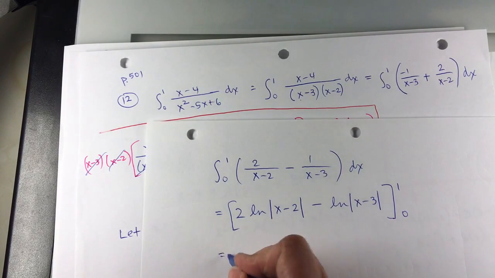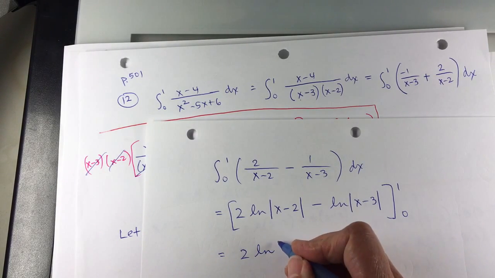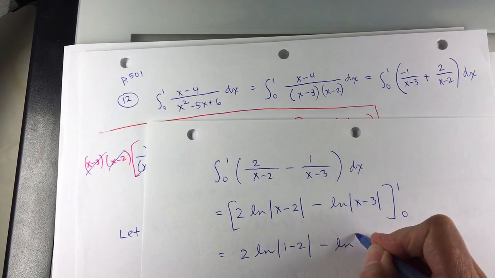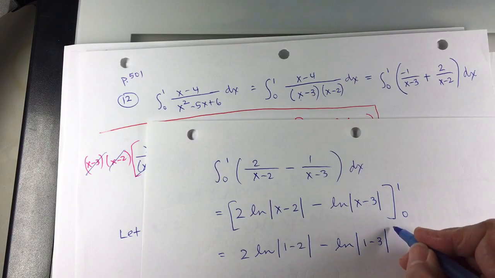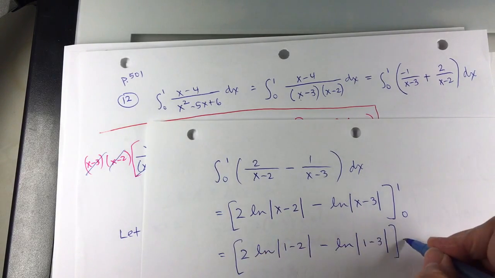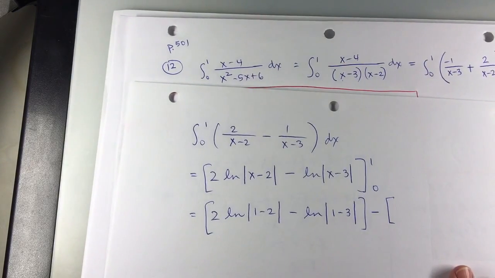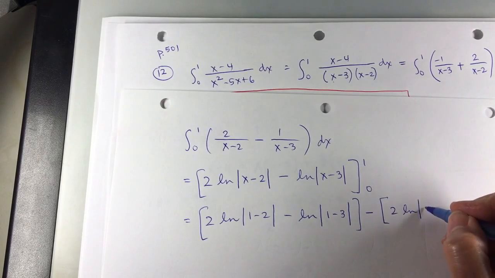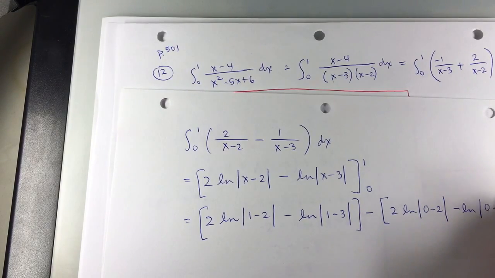So I will plug in the 1 for x, 2 times the natural log of the absolute value of 1 minus 2, minus the natural log of the absolute value of 1 minus 3. There's the first part. I'm going to use brackets because it's minus everything I get now when I plug in 0. So that's 2 times the natural log of the absolute value of 0 minus 2, minus the natural log of the absolute value of 0 minus 3.